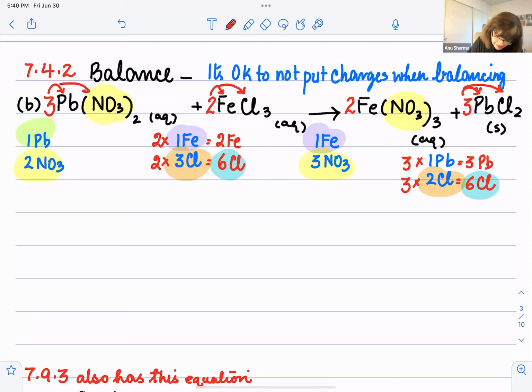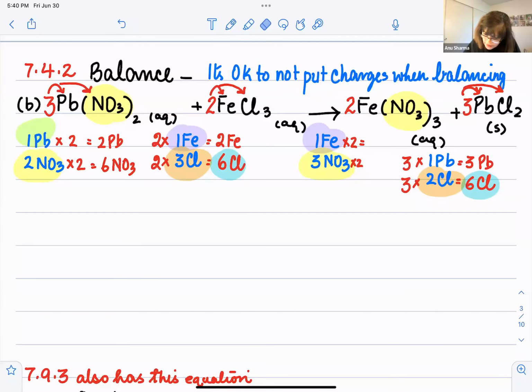This 2 times 2, 2. So this makes 2 leads, and this makes 6 nitrates. Okay. And here you have 3 leads and nitrates now, 2. So times 2 times 2. So this is going to give you, sorry, let me just do it the other way.